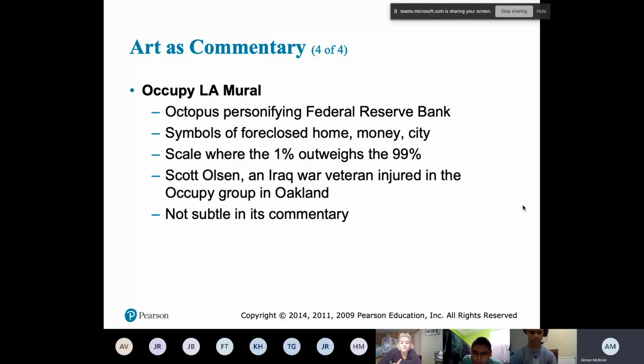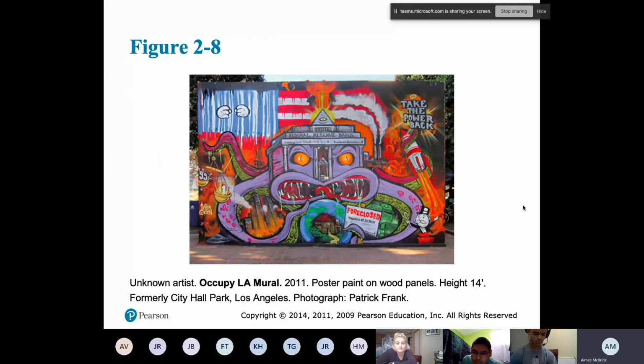But this particular graffiti art is commentary on the federal bank. So here's the image right here. Just looking at it, you can see that the artist is not pleased with the Federal Reserve Bank in 2011. Most of you were not alive.